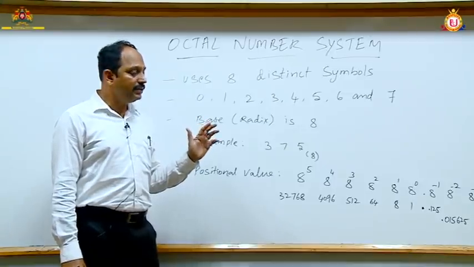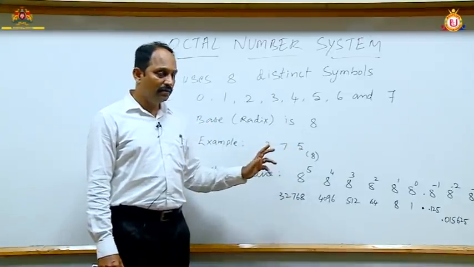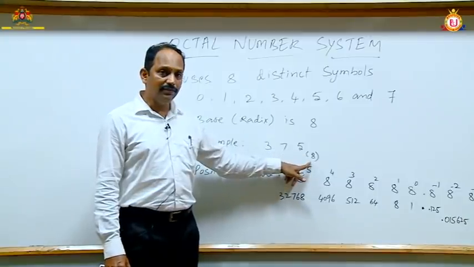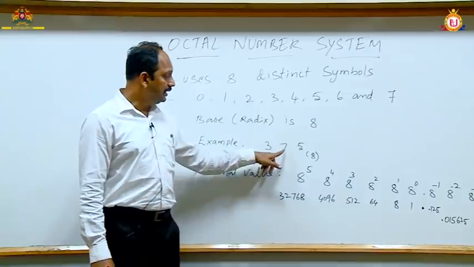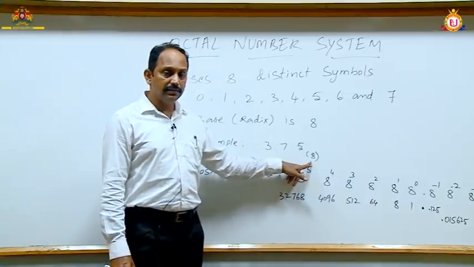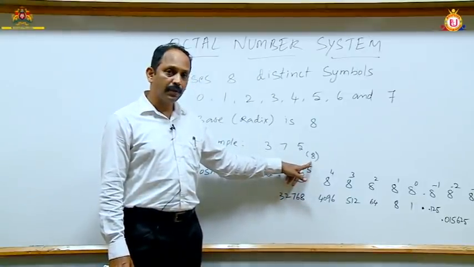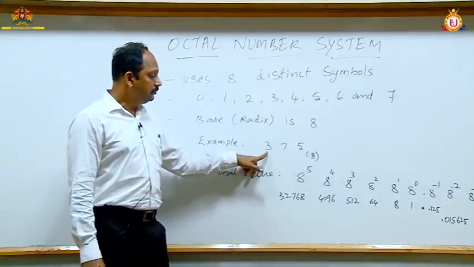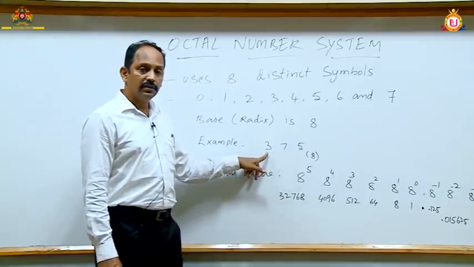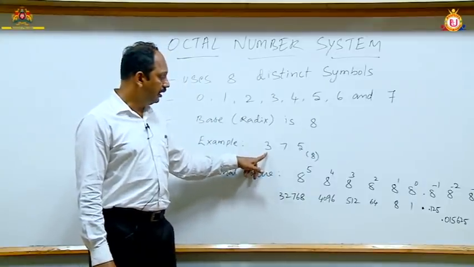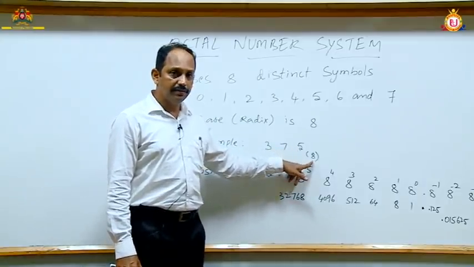Then how do we indicate that this is an octal number? We attach the radix of the octal number system, that is 8. So this becomes 375 base 8. It should not be pronounced as 375 alone; it should be taken individually: 375 with base value 8 represents the octal number.